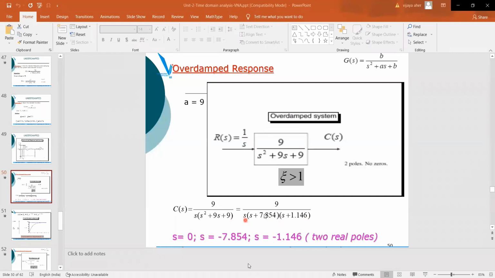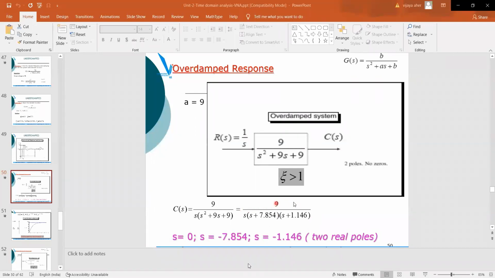S as it is, 9 constant as it is. So C of S is equal to 9 divided by S into the roots of this equation: S plus 7.854, bracket complete, and the second root, S plus 1.146, bracket complete. Now what do we have to do? Whatever is written in the denominator, all these are poles, and whatever is written in the numerator, these are zeros.